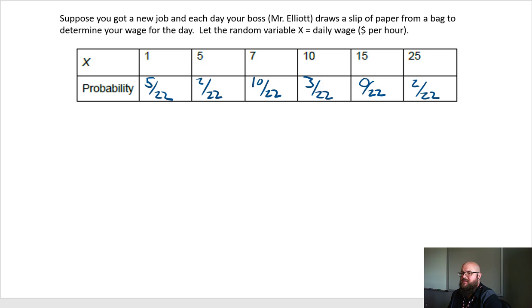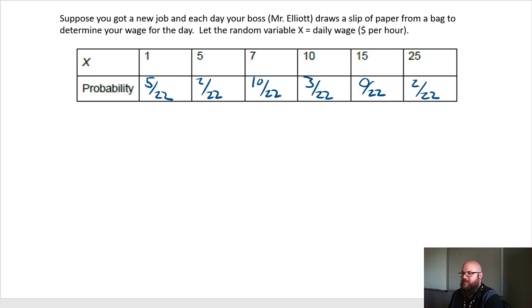So moving forward with this, let's look at a little problem here and work out some of these examples. Suppose you get a new job and each day your boss, Mr. Elliott, myself, draws a slip of paper from a bag to determine your wage for the day. Let the random variable x equal daily wage, dollars per hour.